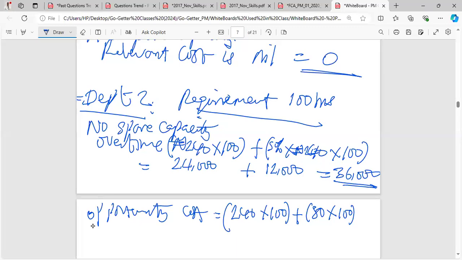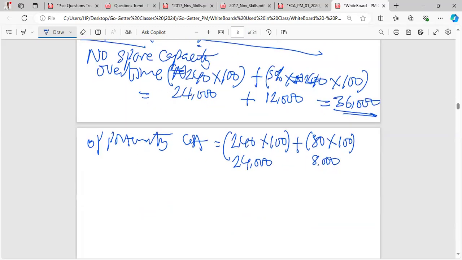So this one will give us 24,000, this one will give us 8,000, and when you add them together, it will give you 32,000.